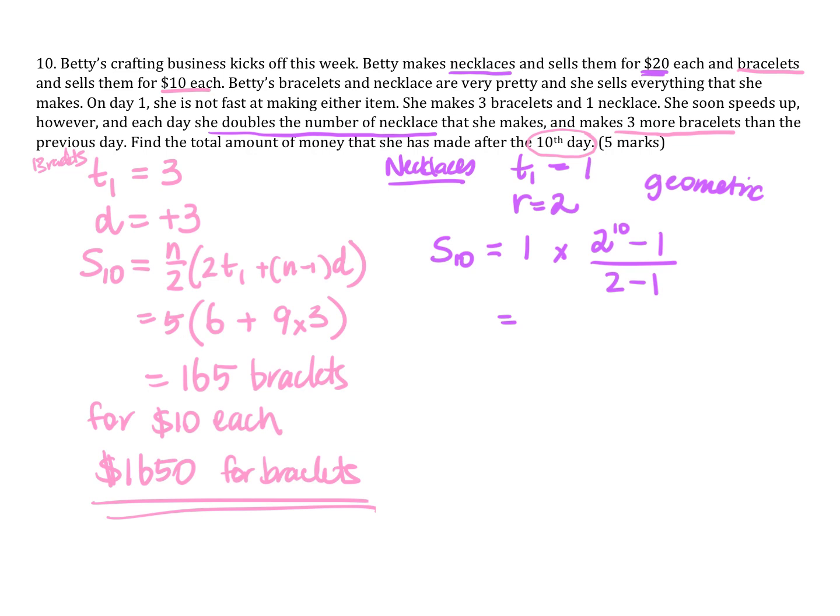Okay, so 2 to the power of 10, take 1, is 1023, divided by 2 take 1, which is 1. 1023 necklaces. That's a pretty good number of necklaces to make.